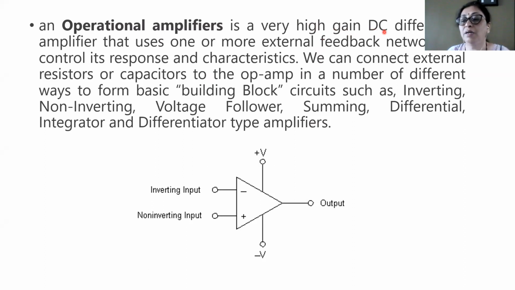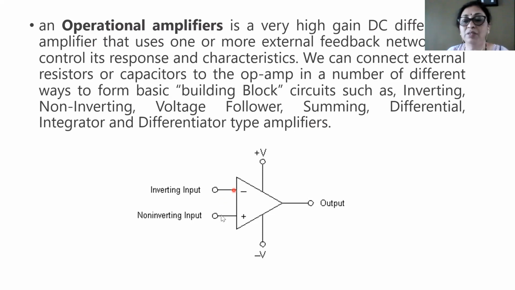It is directly coupled. That means suppose there are two stages of amplifier, then they are coupled with each other, that is connected with each other, without any components. A simple wire is used to connect the two stages. Such a type of amplifier is called a direct coupled amplifier. So this operational amplifier is a direct coupled amplifier, and it is also a differential amplifier.